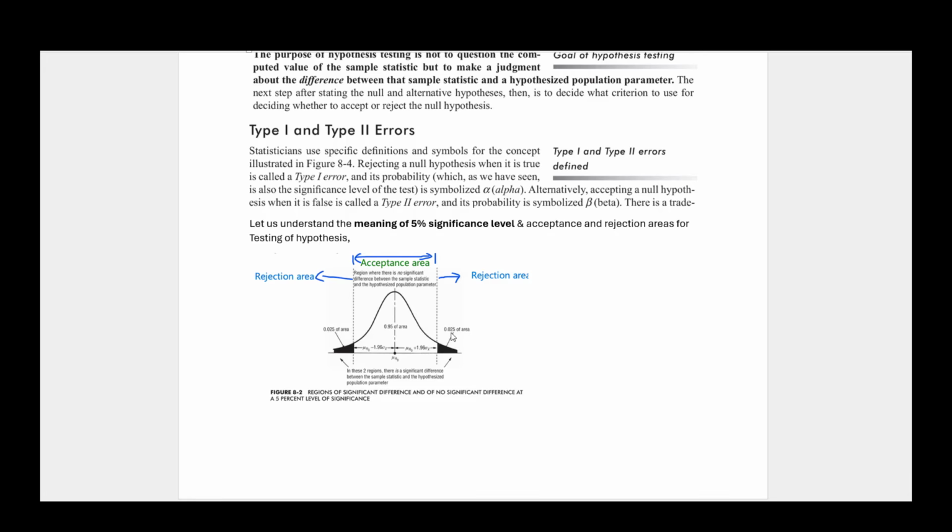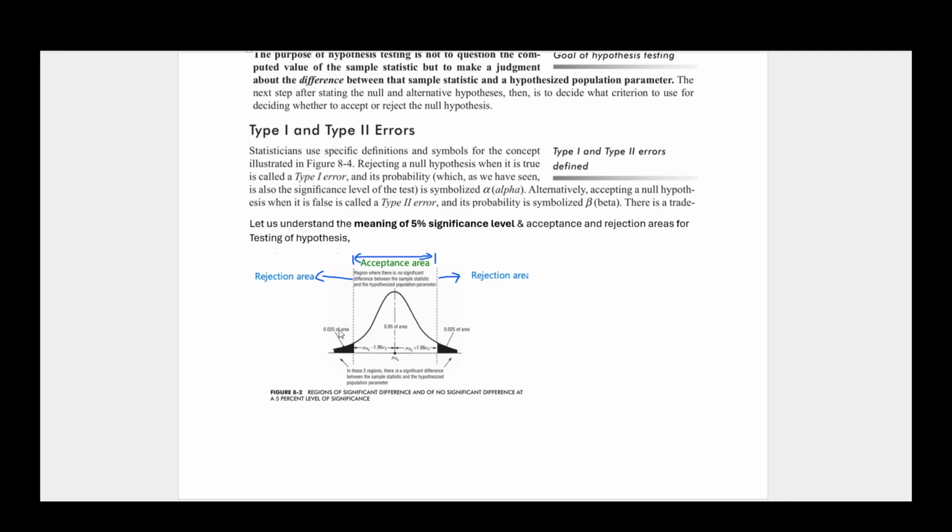In this diagram, between these two limits is your acceptance area, which is 95% of the area, and on the right side and the left side is your rejection area, because the 5% significance is divided into two parts: 0.025 or 2.5% on the right side and 2.5% on the left side.